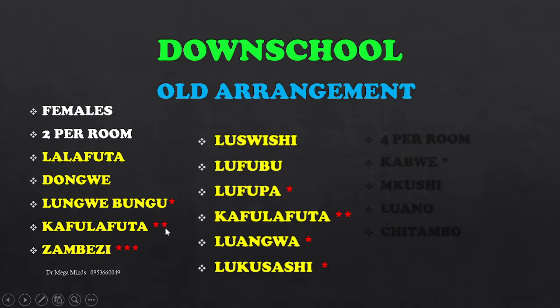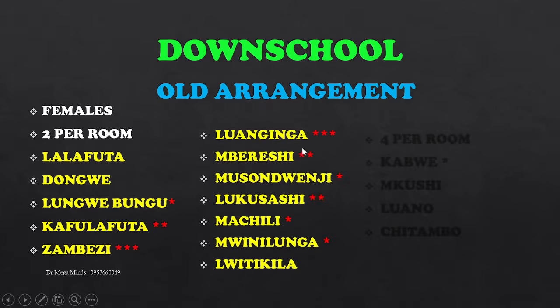One thing here, these are districts, except for Zambezi. Zambezi is a river in Zambia, and so is the Luangwa, but the others, Lufugu, Lufupa, Luswishi, Lwanginga, Mwinulunga, are districts.